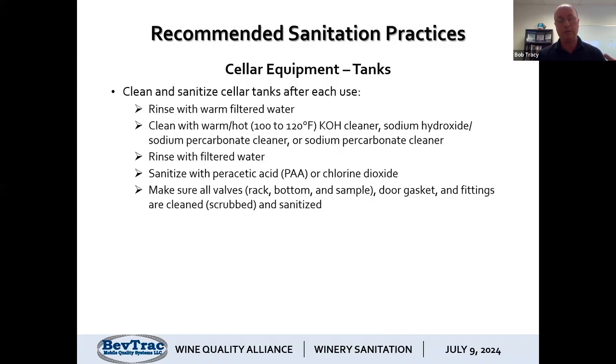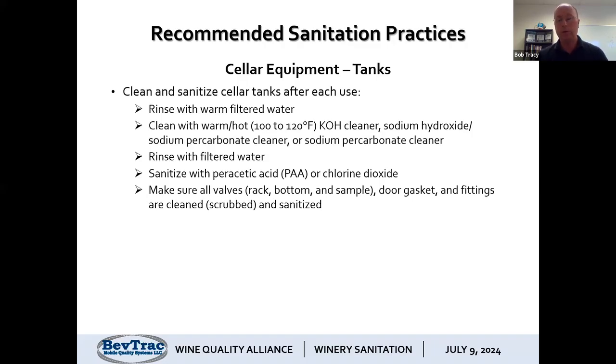So the initial cost is high, but then you don't need very much of it each time you sanitize something. So it might be worth looking into to get it as your sanitizer, because I found that peracetic acid or chlorine dioxide are the best sanitizers in the wine industry right now. So if you can get those, that would be really helpful to you.